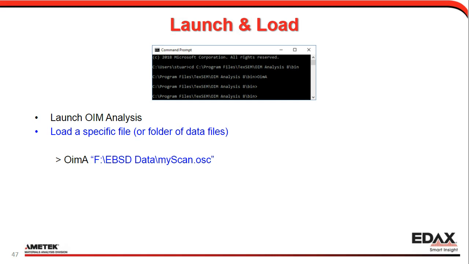Anyway, once you've done that, then you can just type OIMA and then the file name as you see there. And you have to put it in parentheses, otherwise the spaces will mess things up. So that will just launch and load that data set, myscan.osc, and you're ready then to start analyzing.